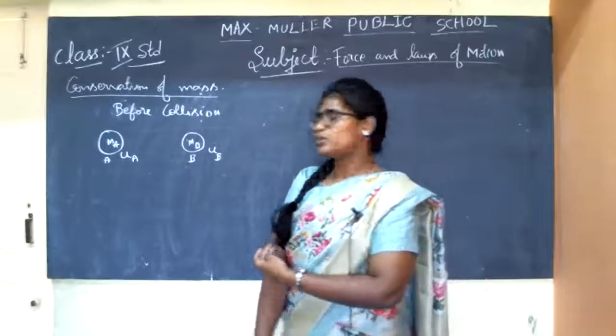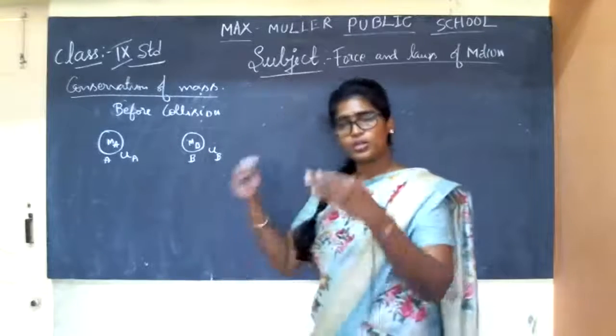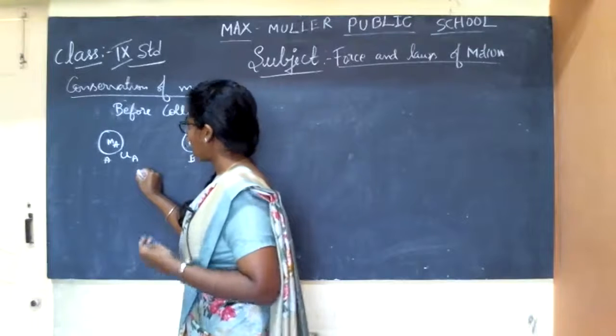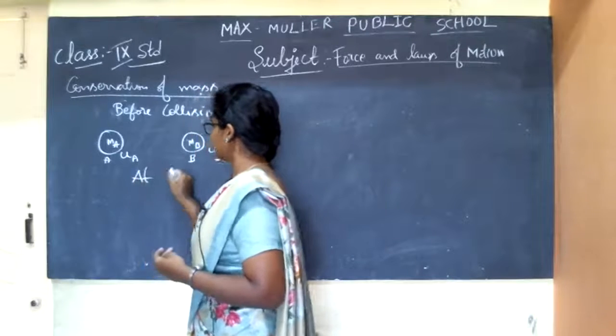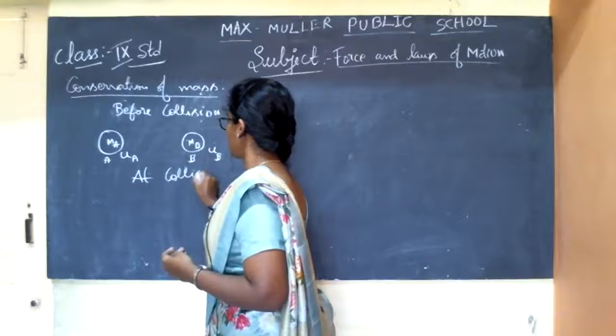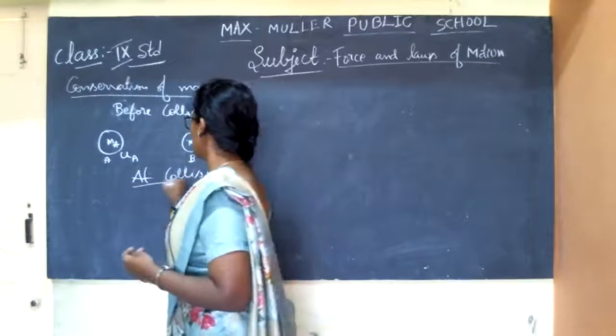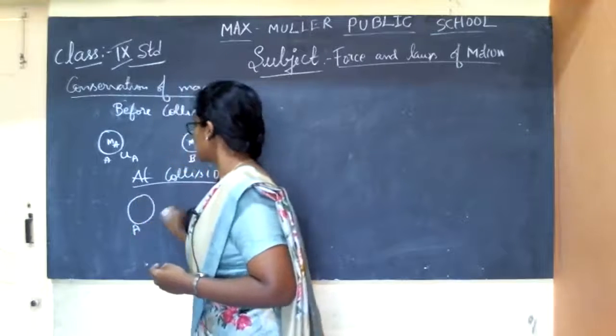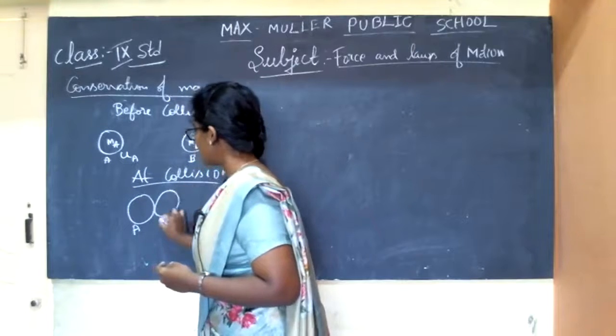Here also, the two objects are going to collide with each other at the point of collision. At collision, object A is going to collide with object B.